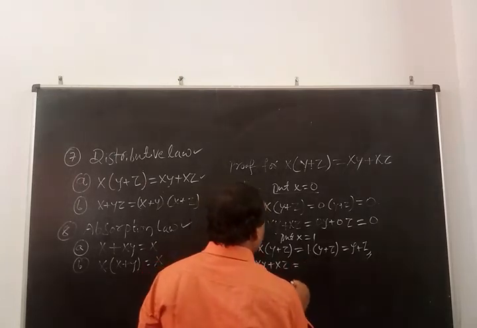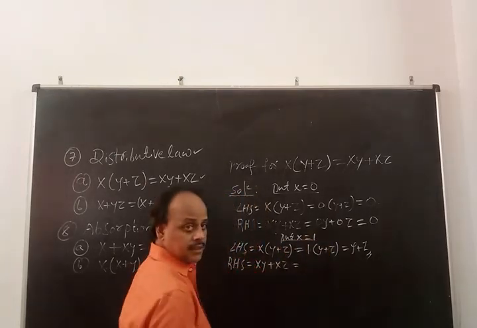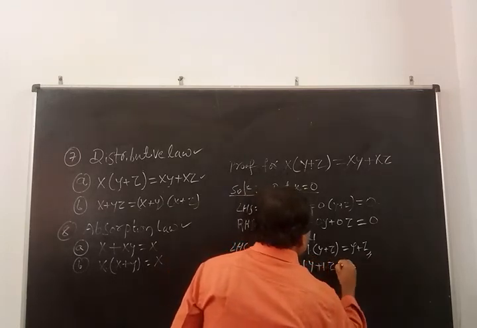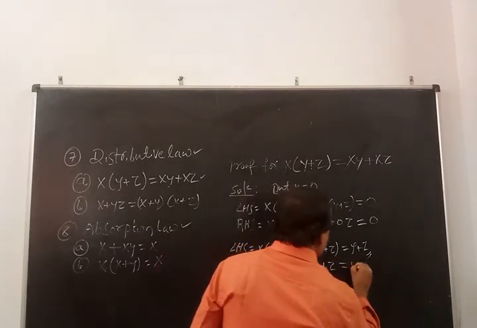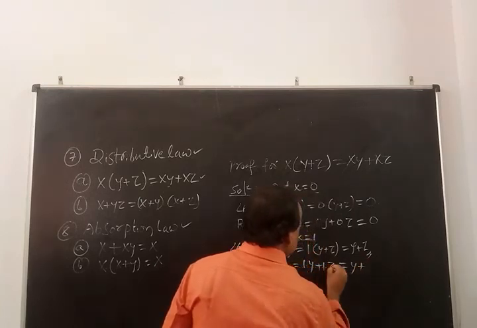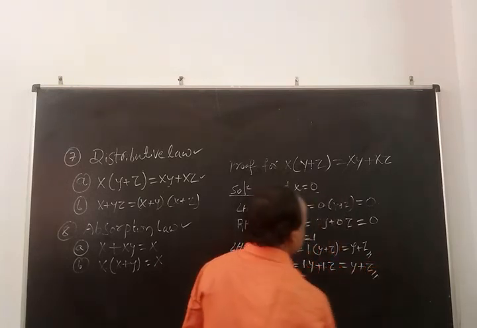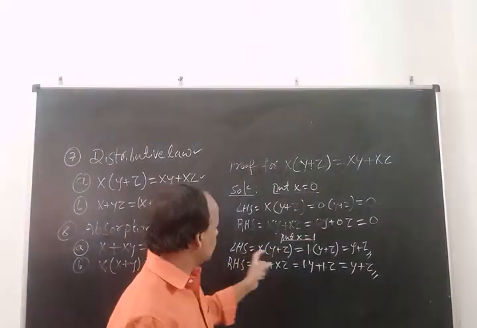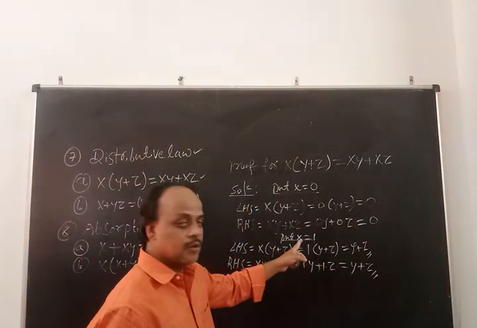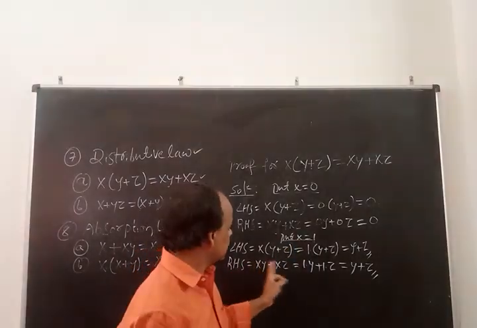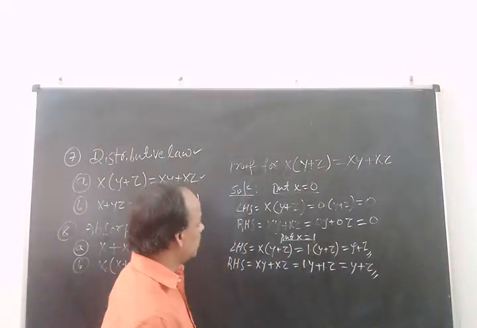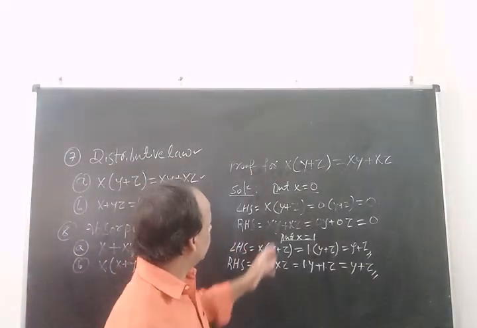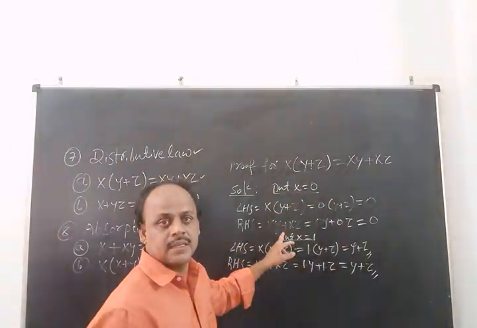Now x value is 1, therefore 1 into y plus 1 into z is equal to 1 into y means y, plus 1 into z means z. That is, when x equal to 1, LHS is y plus z. When x equal to 1, RHS is y plus z. Therefore LHS and RHS values are the same when x equal to 0 as well as x equal to 1.